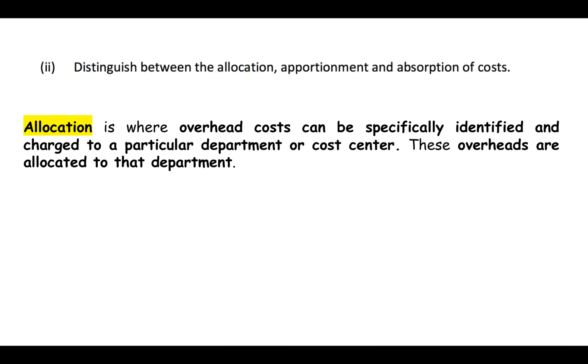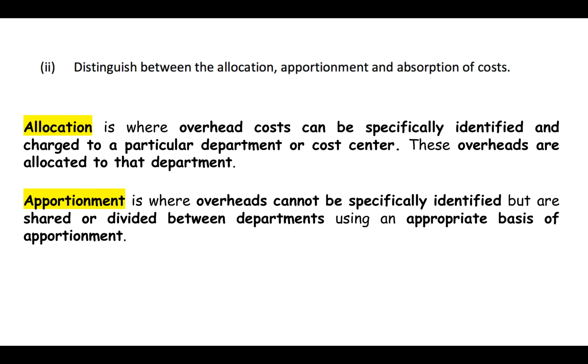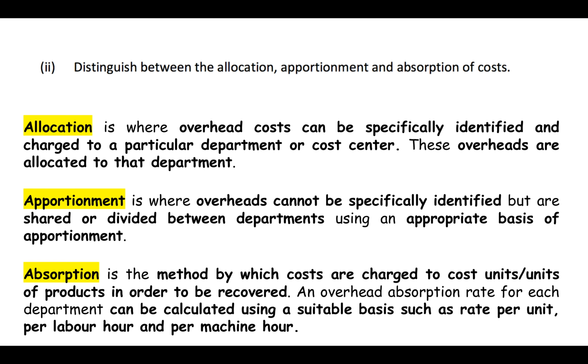Part 2 then. Distinguish between the allocation, apportionment and absorption of costs. So allocation is where overhead costs can be specifically identified and charged to a particular department or cost centre. These overheads are allocated to that department. Apportionment is when overheads cannot be specifically identified but are shared or divided between departments using an appropriate basis of apportionment.